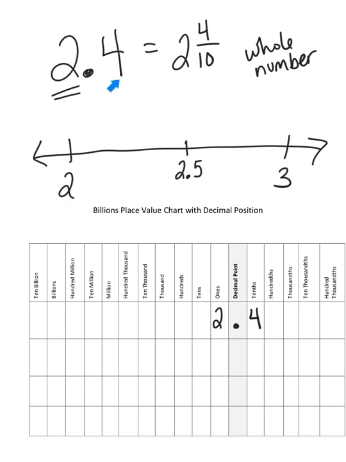So since this digit is a 4 or less, I'm going to let it rest. So if the question said something like, what is 2 and 4/10 rounded to the nearest whole number? The answer would be 2 and 4/10 rounded to the nearest whole number is 2.